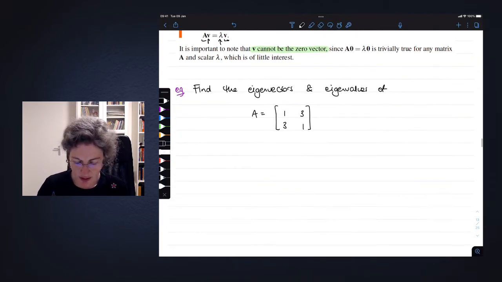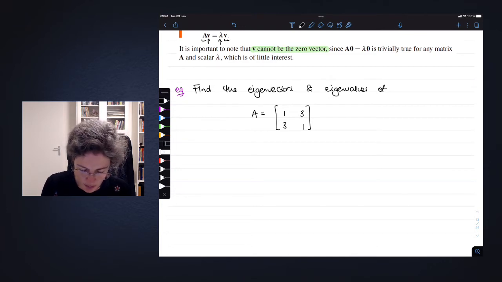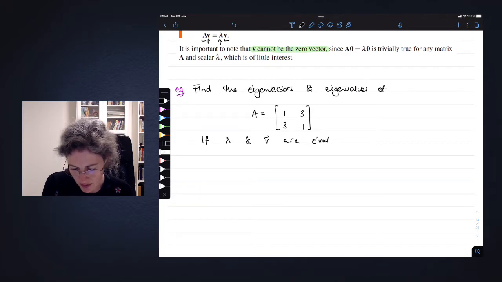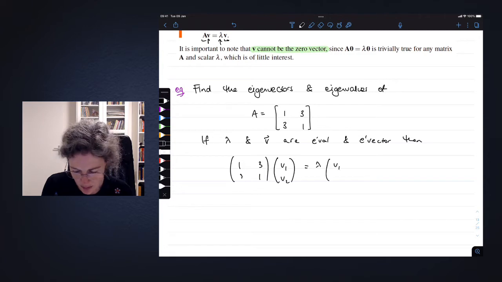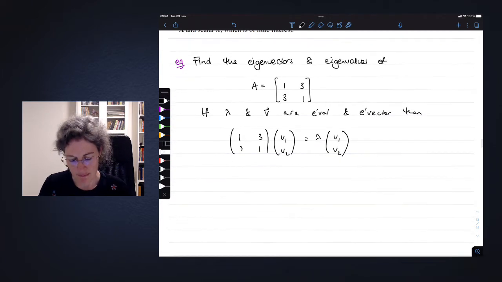This is going to take a little bit of knowledge of matrices, but we can do it. If we think about the equation we want to solve: if lambda and v are an eigenvalue and eigenvector, then we know that A times v must be equal to lambda times v.